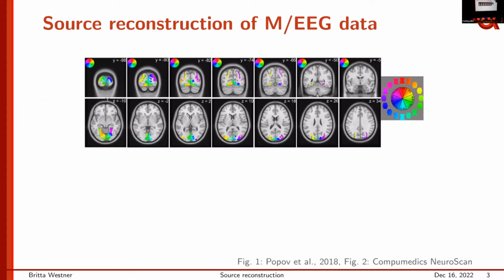So I would like to start out with this figure, which is from a paper by Tsveta and Popov in 2018. And what you can see on this figure is the typical retinotopy of visual cortex. So on the right, you see the different stimuli that were presented to the participants one at a time, color-coded. And on the brain plots, you can see which part of visual cortex would have maximal activity given that stimulus on the right side.